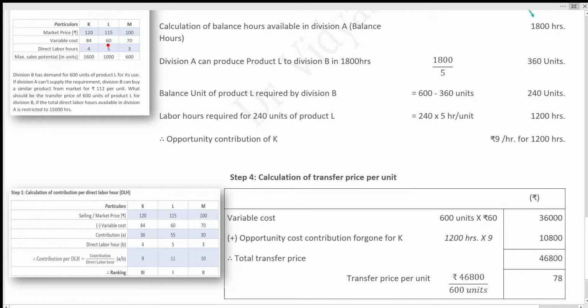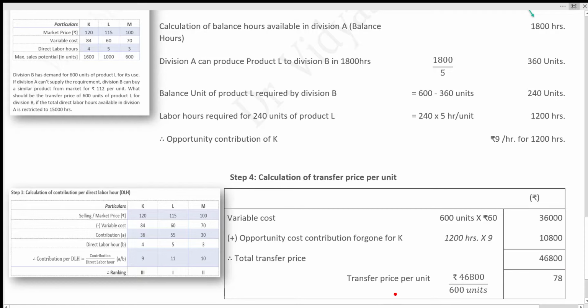So we are actually looking for 600 units. That is 600 units into 60. The variable cost is 36,000 plus opportunity cost foregone by K, as we have calculated here already, rupees 9 for 1200 hours, that is 1200 hours into 9, we got 10,800. Add these both, we're going to get the transfer price. So total transfer price is 46,800.